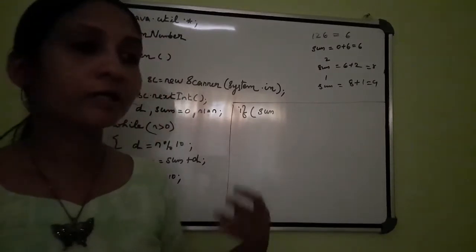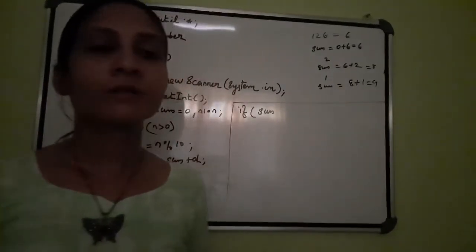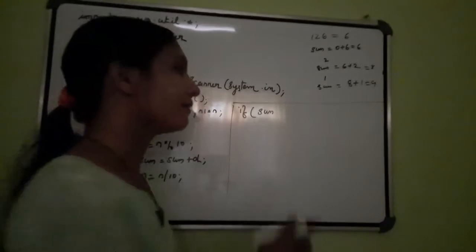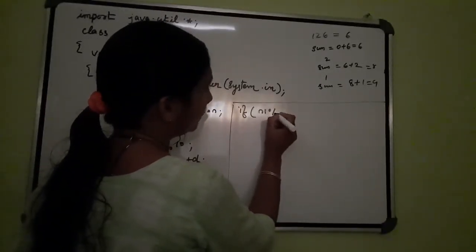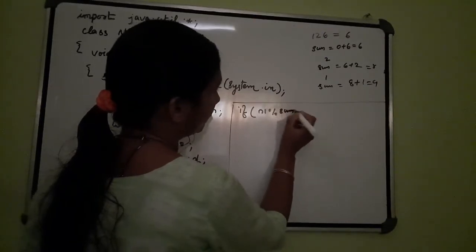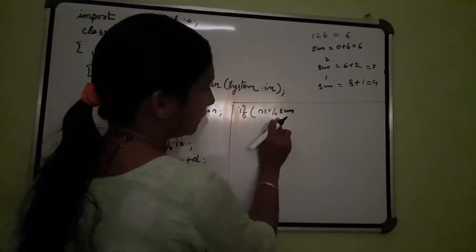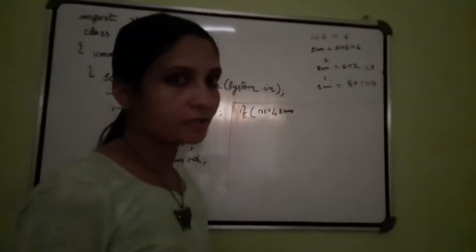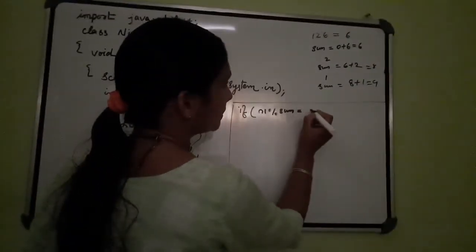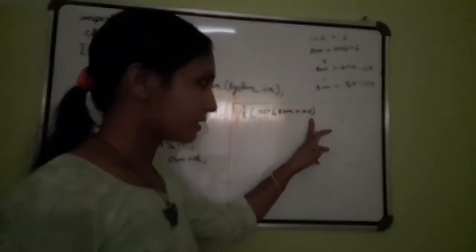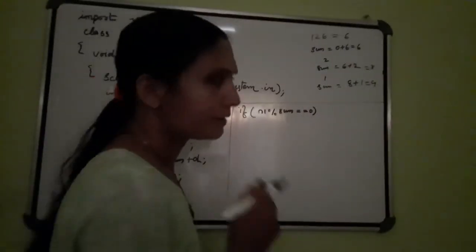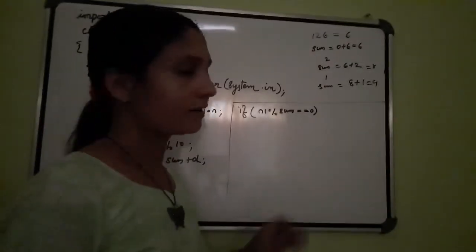We have to check whether the sum is a divisor of our number. How can you check? n1 mod sum. In Java, we use this operator to check whether one number is divisible by another number. If you do this operation and get 0 as the remainder, we can say it is divisible.